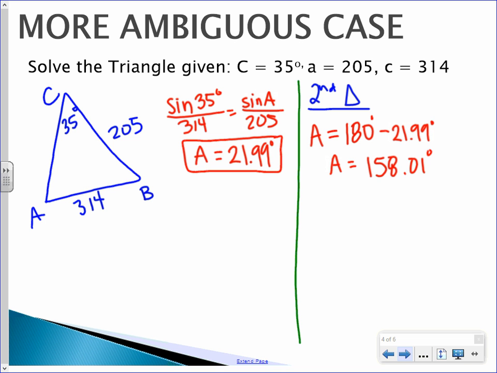Big, right? We already have angle C is 35 degrees, and then angle A is 158 degrees. Between two angles, that's already more than 180 degrees, which means we don't have a second triangle. We only have one solution. Okay? Now, I need to actually see that you checked for a second triangle because you do get points for that.